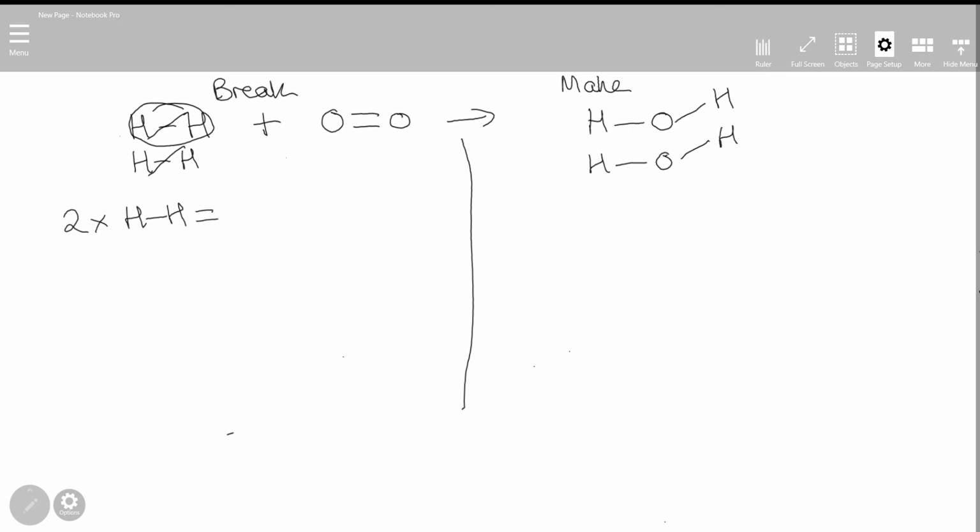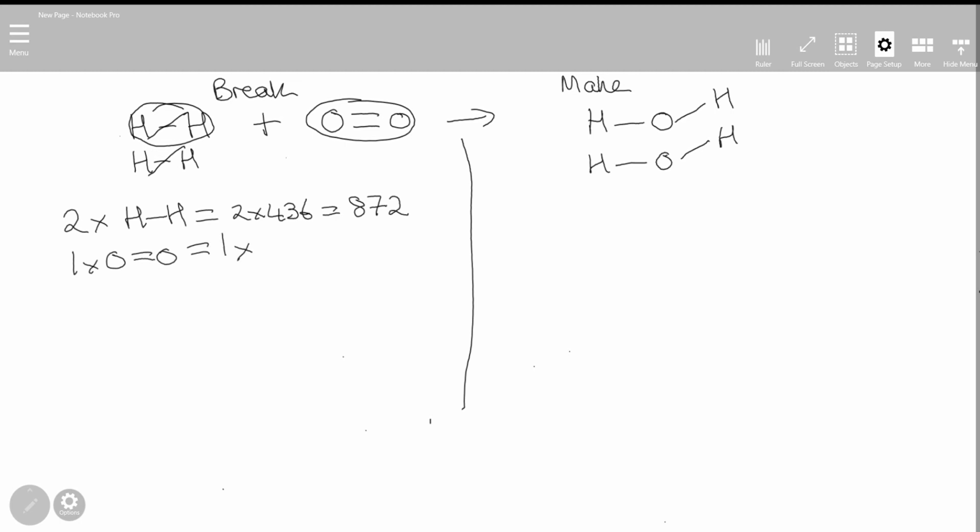So if we look at the table of data, the HH bond is worth 436 kilojoules per mole. So it'll be 2 times 436. And then if we type that into a calculator, 2 times 436 gives us 872. Also on this side, we have got an O double bonded O, and there's just one of these.